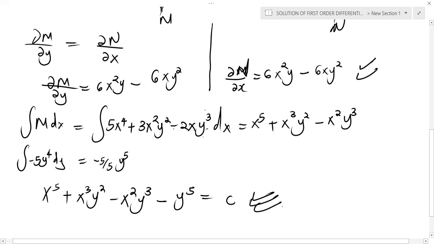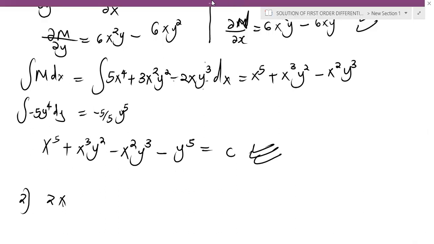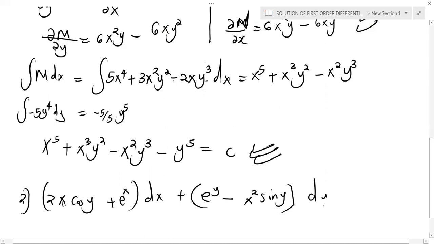Okay, fine. Let's take up another example. Let's say you're told to solve the differential equation. So example number 2, we have (2x cos y + e^x) dx plus (e^y - x^2 sin y) dy is equal to 0.